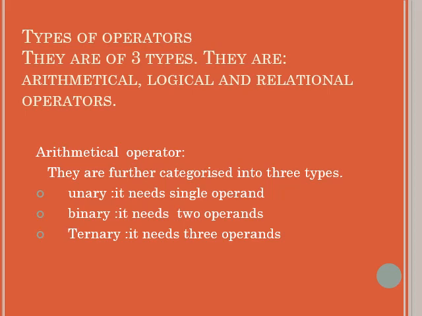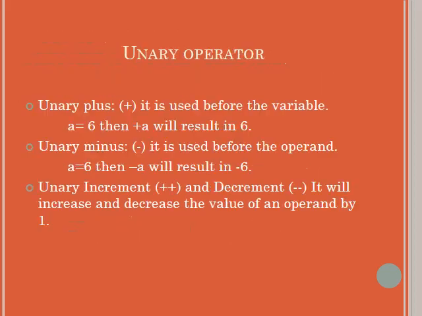In unary, we need only one operand. In binary, we need two operands, and in ternary, we need three operands.